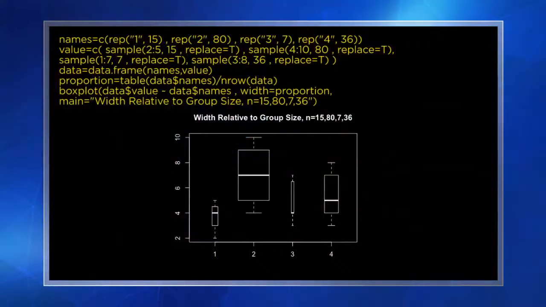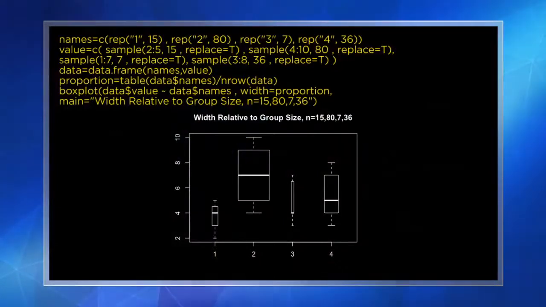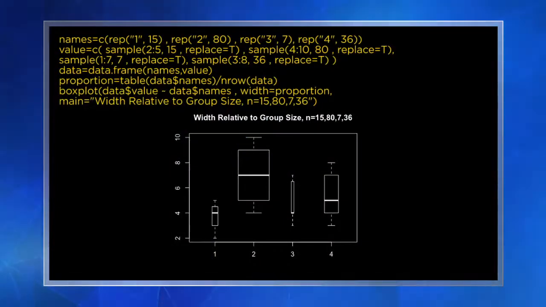Now here, the width of the box plot represents the number in each group. And the height, as usual, shows you the spread of the data. In this example, our group sizes are 15, 80, 7, and 36. Now notice how the size of the box plot corresponds to the number of elements in each group.